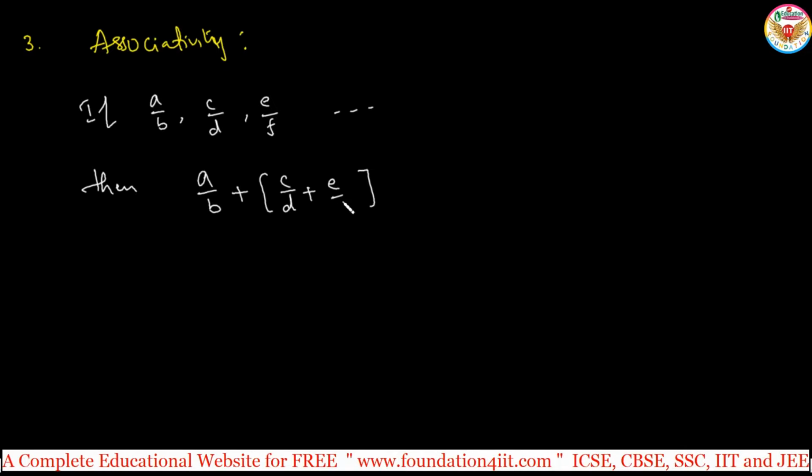When you come to associativity, according to this property, let us say three numbers: if a by b, c by d, e by f are any three rational numbers, then a by b plus the sum of c by d plus e by f should be equal to the sum of the first two, a by b plus c by d, added to e by f.